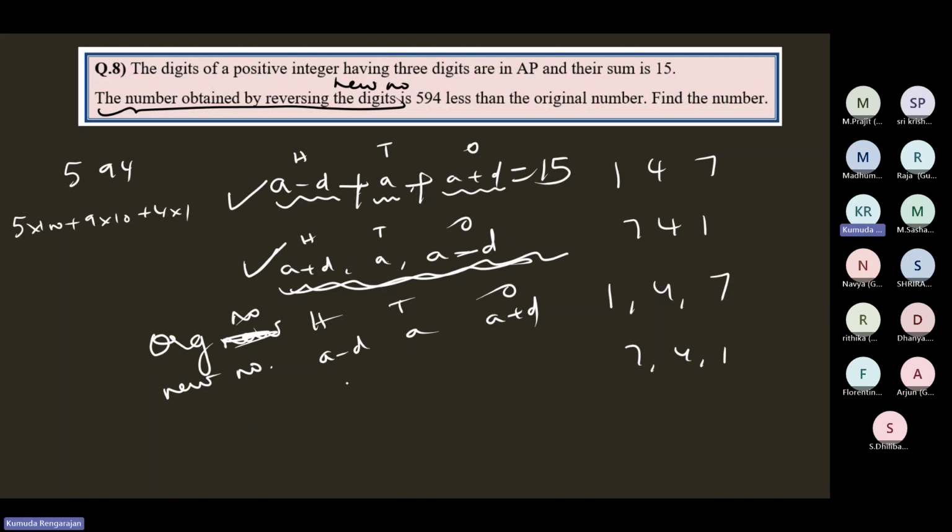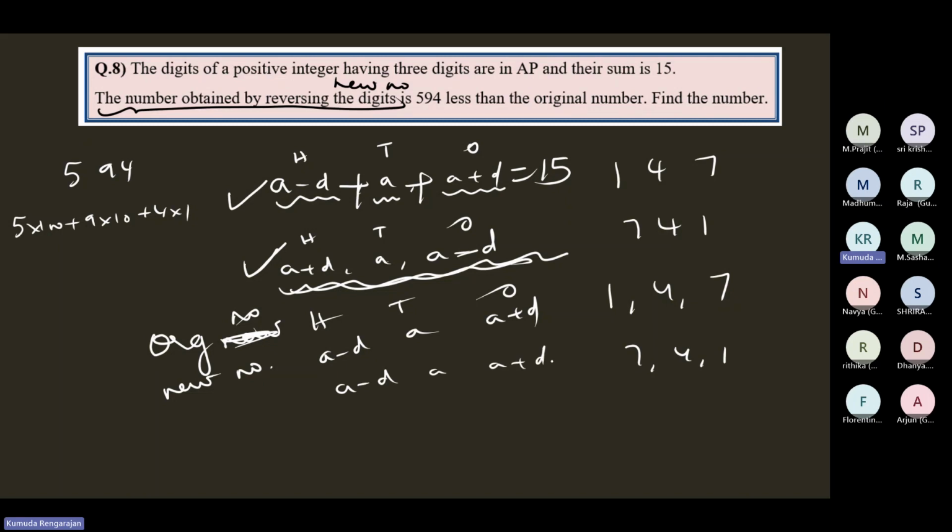Similarly, when the digits are A minus D, A and A plus D, the number will be 100 into A minus D plus 10 into A plus 1 into A plus D. Multiply the digits with the respective place value.